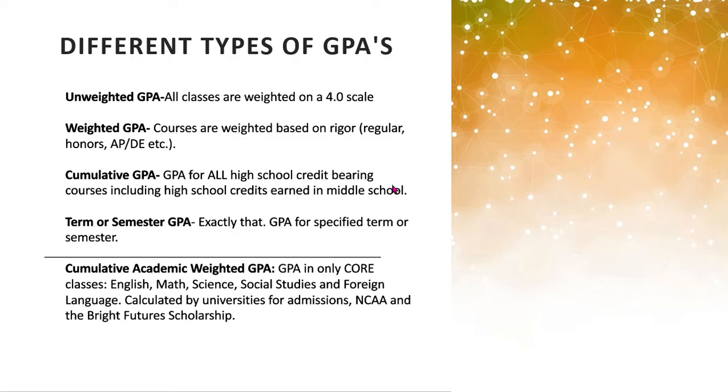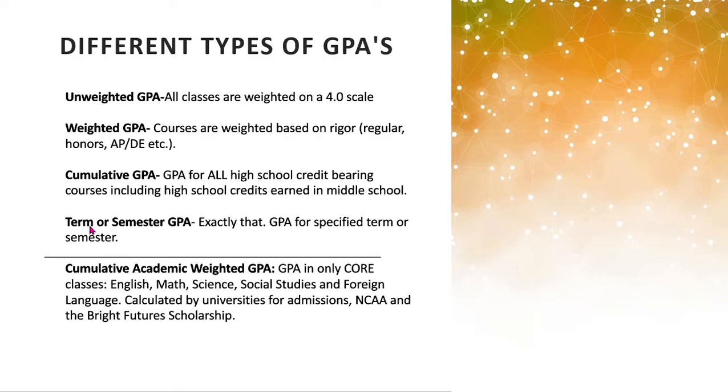So if you were in 8th grade and you took pre-AP English 1 or Algebra 1, geometry, biology, you took high school credits in middle school, those are going to count into your cumulative GPA. At the end of 12th grade, your cumulative GPA is going to include every class, every grade that you earned that is going into your high school transcript.